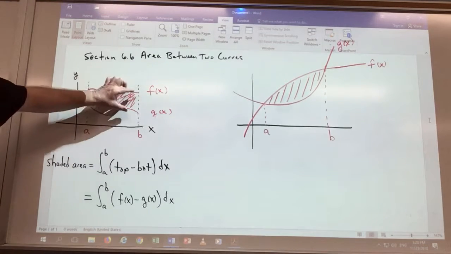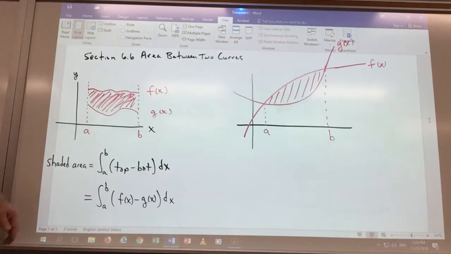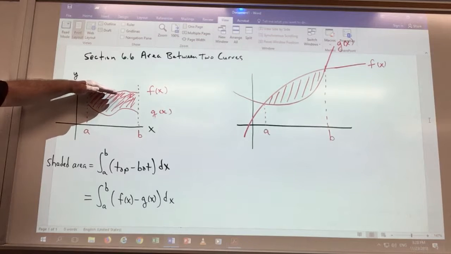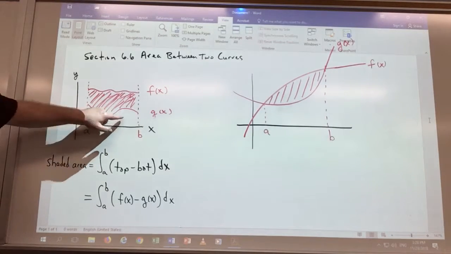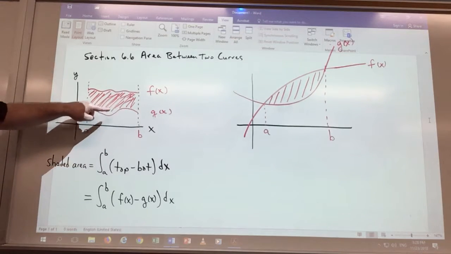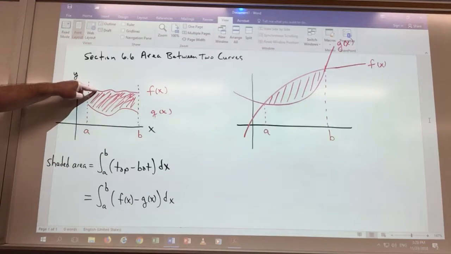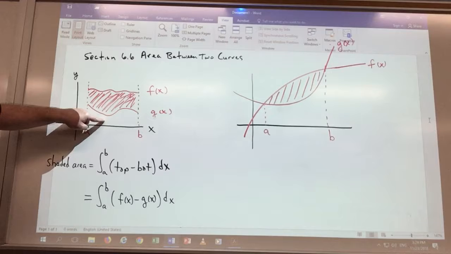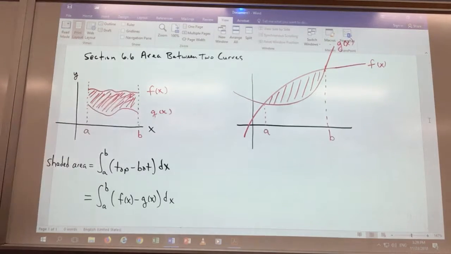To find the shaded area in red here, all we have to do is calculate the area below f of x and above the x-axis, and then subtract from it the area in white here below the function g of x and above the x-axis. That gives us the shaded area in red here.